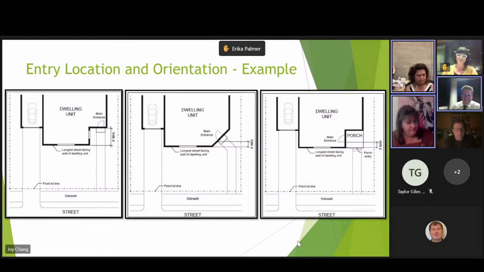Yeah. So the next element, one of 3 that is required, is windows. And this is a 15%, we're on page 38, 15% of the area street facing must include windows.